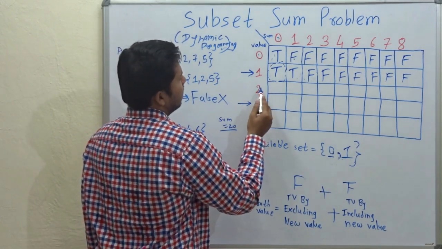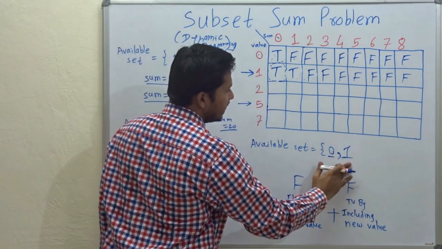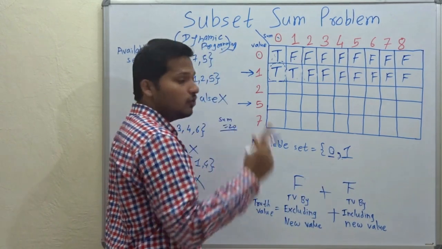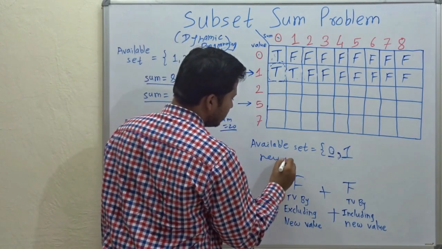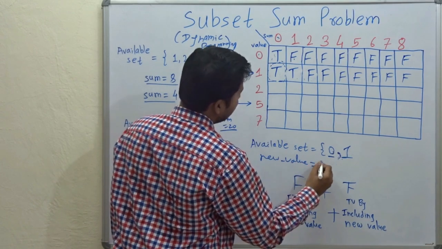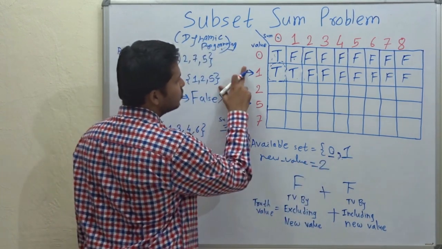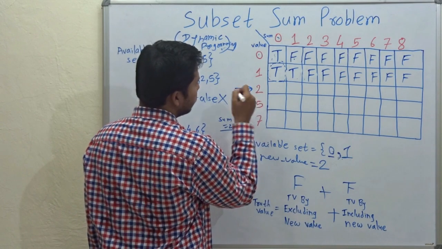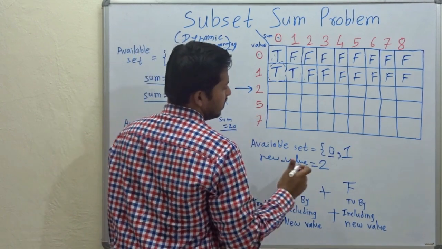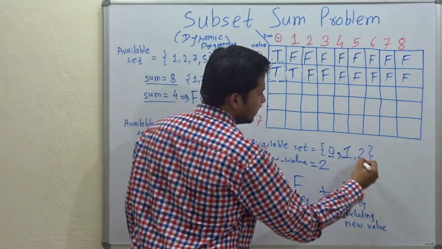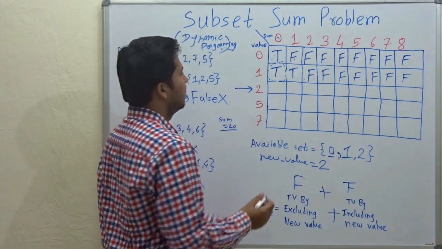See, 0 1, and what is the new value? New value is now 2. New value is 2, because that is the current row. Okay, new value is 2. So this is the set now, right?